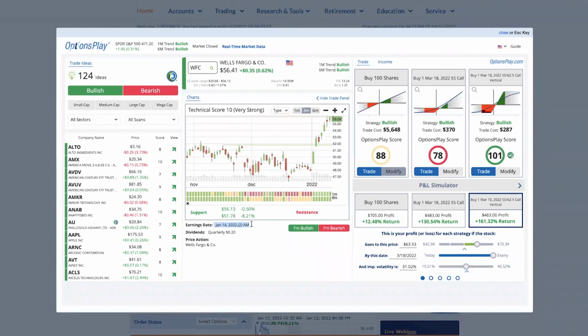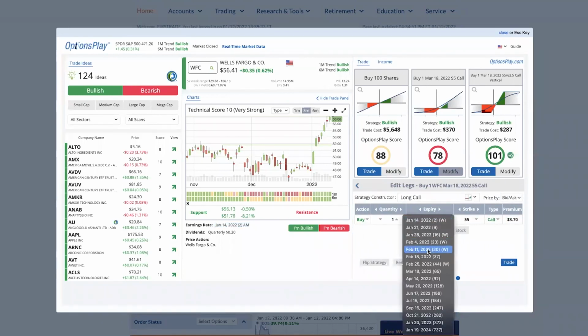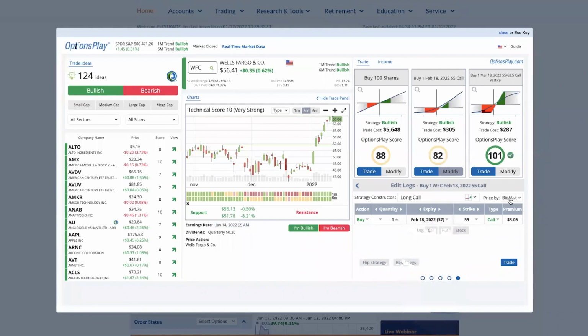And again, this is purely for educational purposes. This is not a recommendation to go and buy Wells Fargo going into earnings. But I want to show you some opportunities that you can use. Let's look at buying a February call option and buying, let's say, a February call spread.